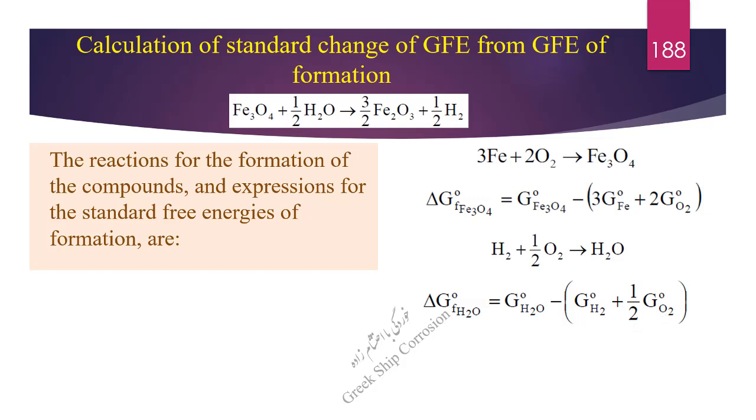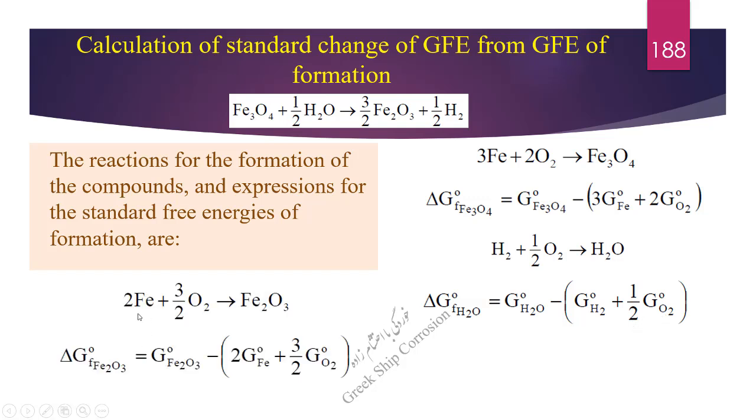And the other reaction, 2 molecules of iron plus 3/2 molecules of oxygen react to yield 1 molecule of hematite, or Fe2O3. The standard Gibbs free energy of formation of hematite is equal to the standard Gibbs free energy of hematite minus the sum of the Gibbs free energy of iron plus the standard Gibbs free energy of oxygen multiplied by the coefficients.